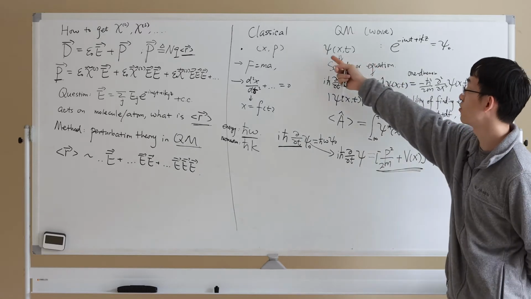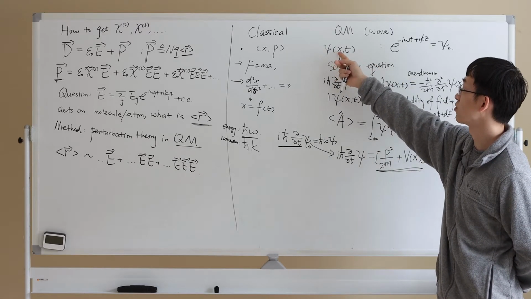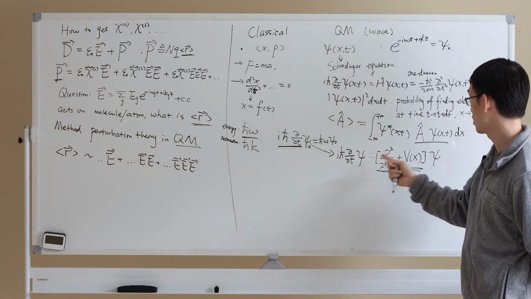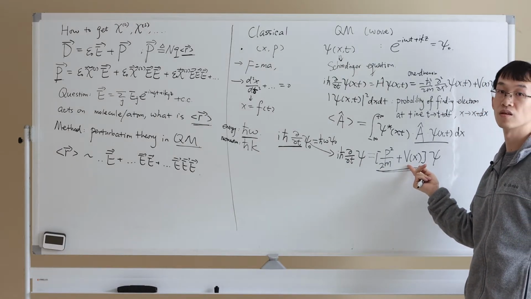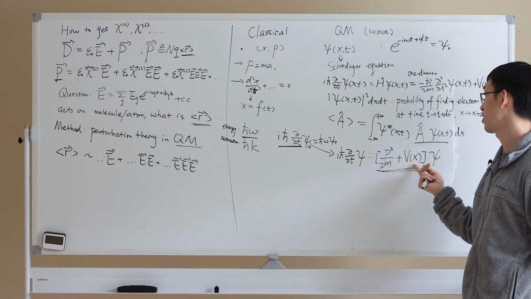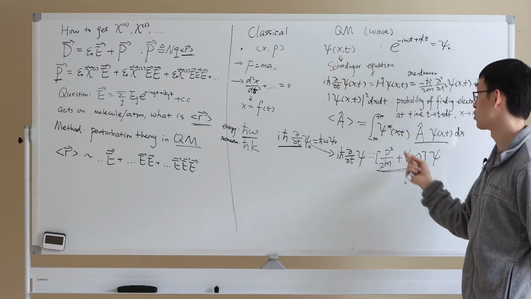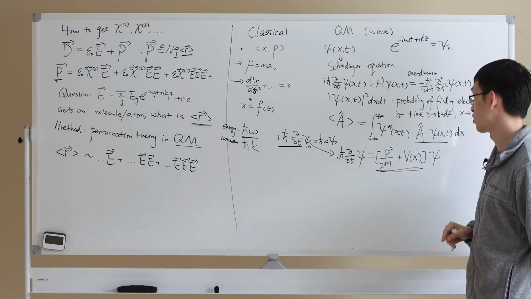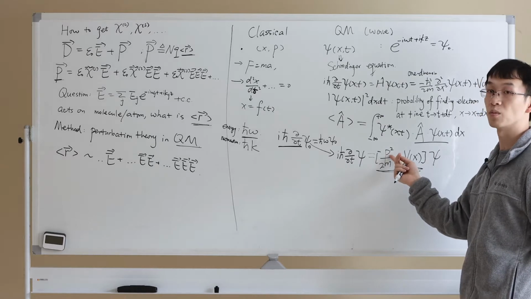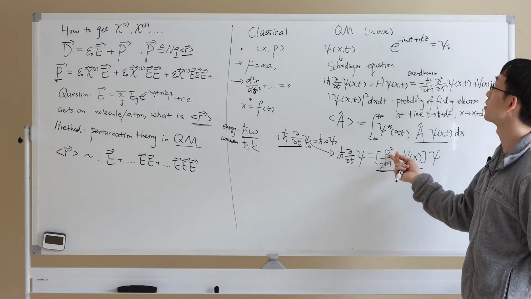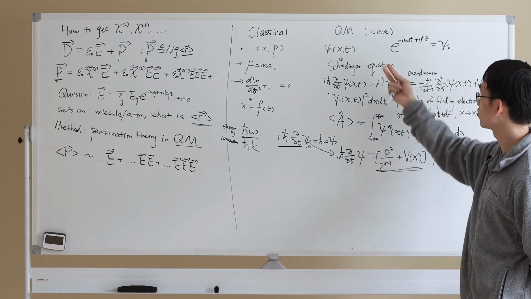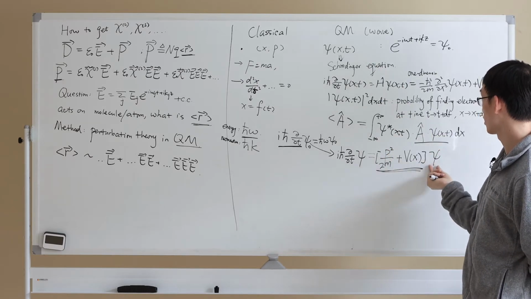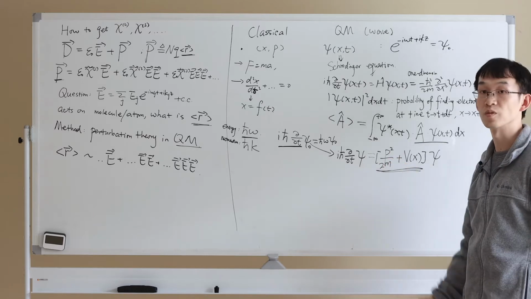Here we say that the wave function is a function of place and time, x and t. So it's relatively simple to write down the potential as a function of x, because x is used as a variable here. But there's nothing said about momentum. At this point, there's no way to get from this wave function to the momentum.